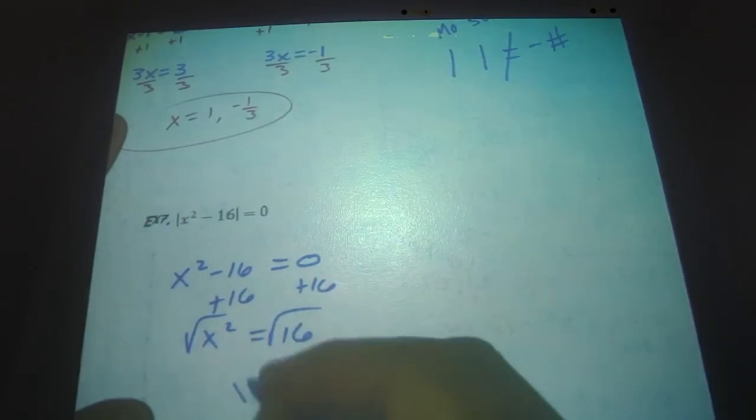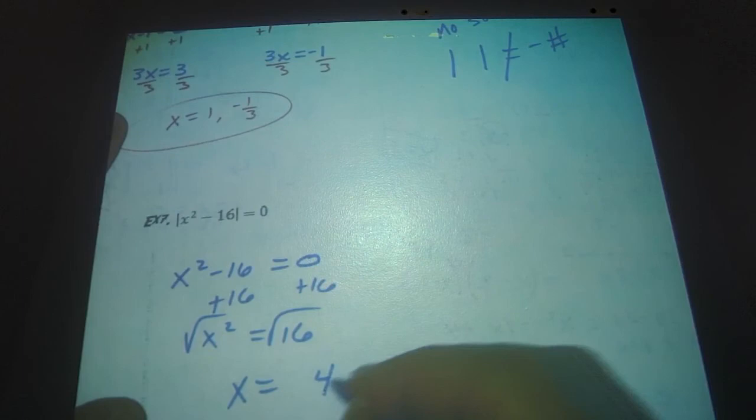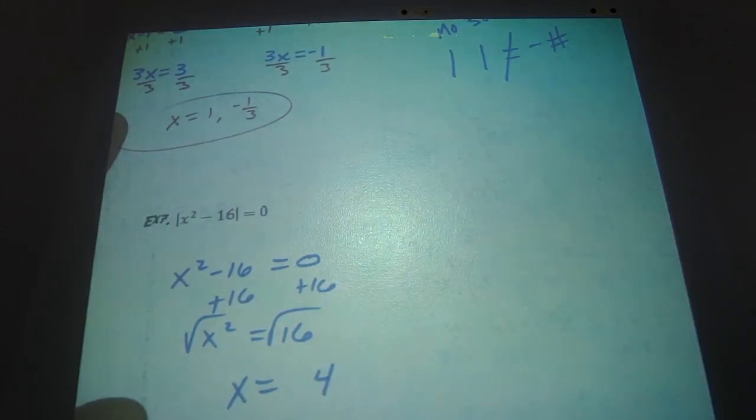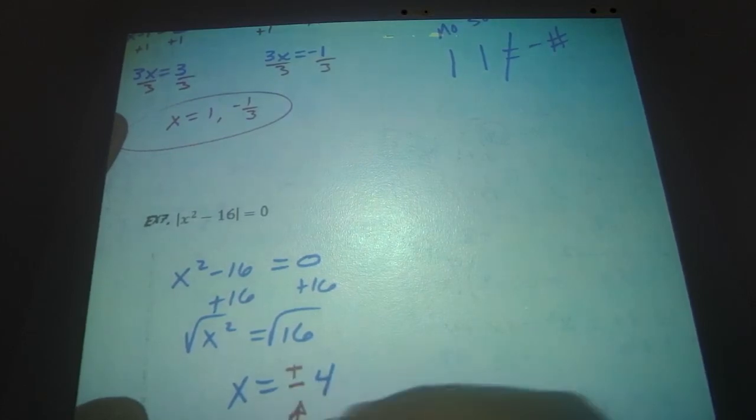And y'all would say, what's the square root of 16? 4. Ooh, close. 4, negative 4, minus 4. Yeah, don't forget the plus or minus.